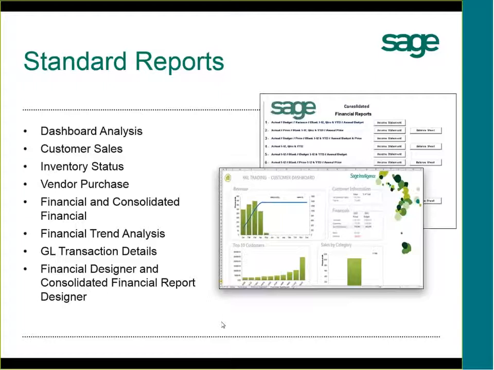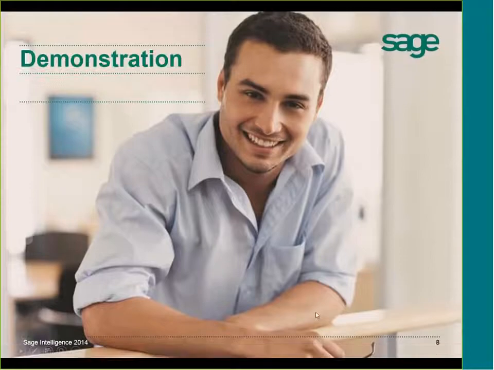We've got, of course, our financials, consolidated financials, trend analysis, GL transaction details, and the report designer add-in or task pane financial designer reports. So all kinds of reports that come standard. But again, what we're going to be talking about today is how to create a dashboard. So let's go ahead and get started with creating that dashboard.